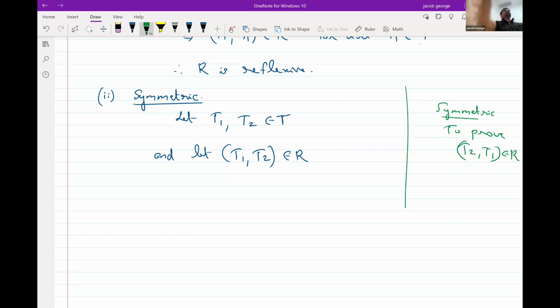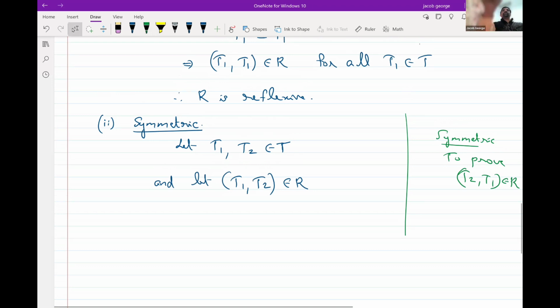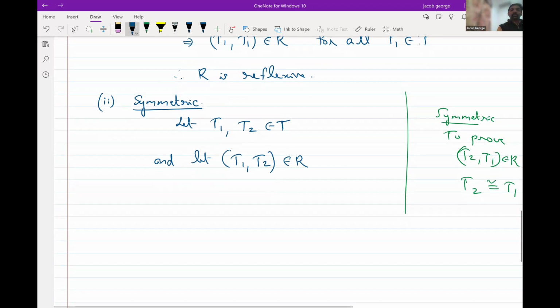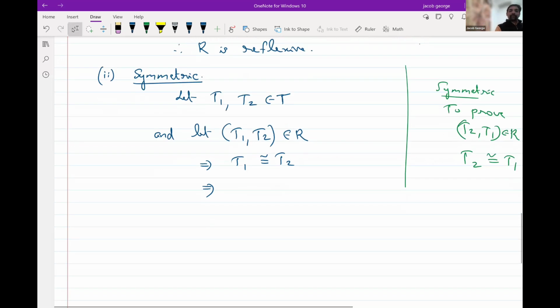For that, what do you have to prove? For (T2, T1) element of R, according to the given condition, T2 must be congruent to T1. Is it true from the condition given here? Yes. (T1, T2) element of R means T1 is congruent to T2. If a triangle is congruent to another triangle, then the second triangle will be congruent to the first triangle. So from here we can write T2 is congruent to T1.